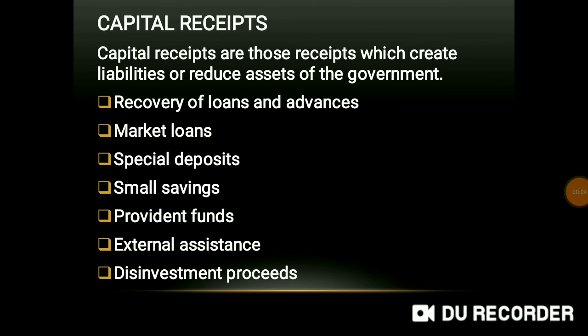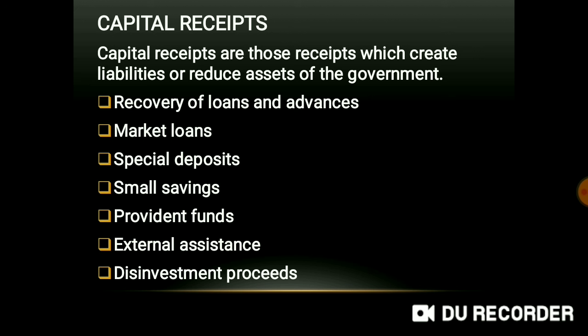Now let us understand what do you mean by capital receipts. Capital receipts are those receipts which create liabilities or which reduce the assets of the government. It is that income of the government whenever it sells its property or shares in the market, or whenever it takes loans from the public.